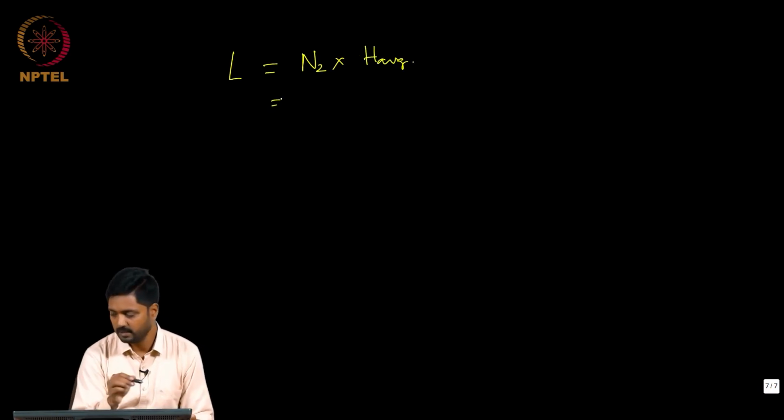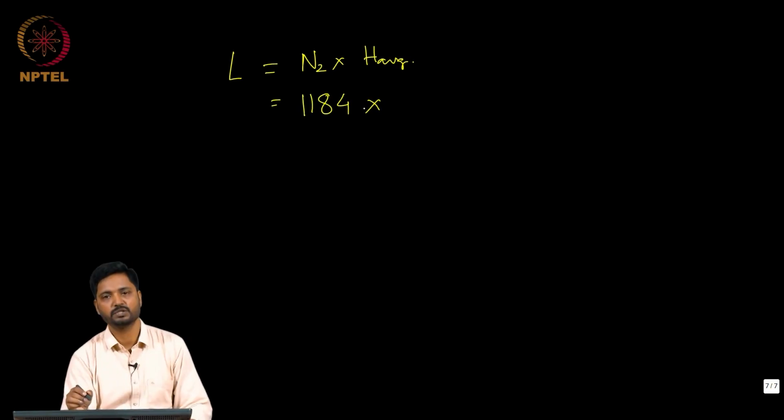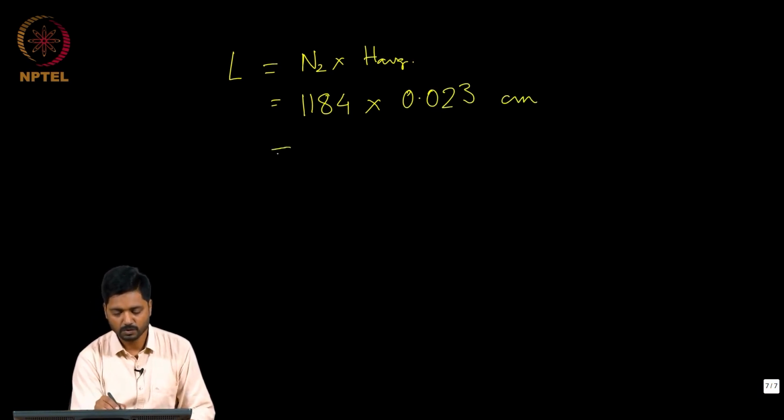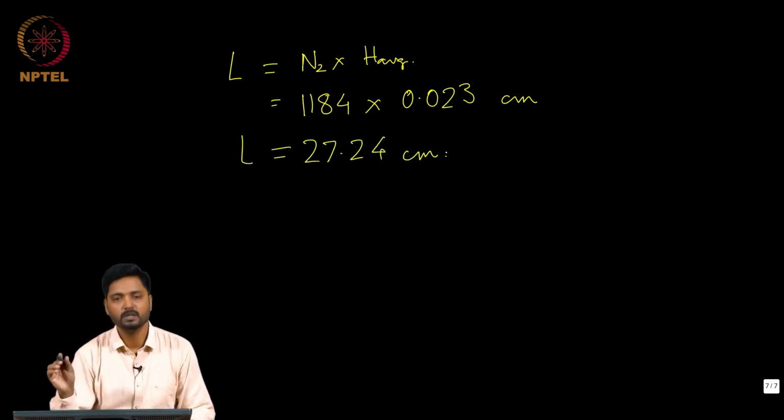We know that N2 is equal to 1184, and H average we calculated previously as 0.023 centimeters. So, this solves out for the length of the column to be 27.24 centimeters.